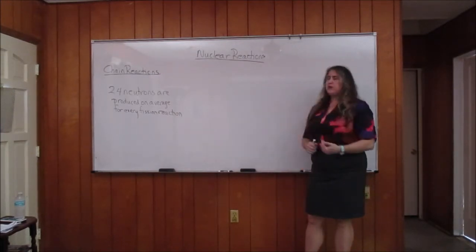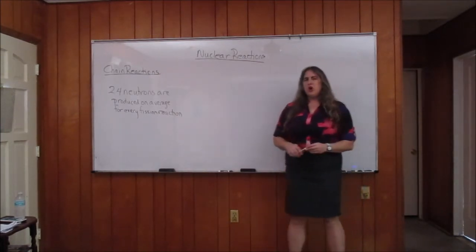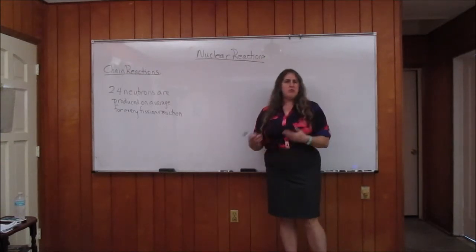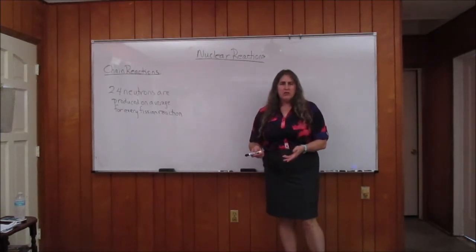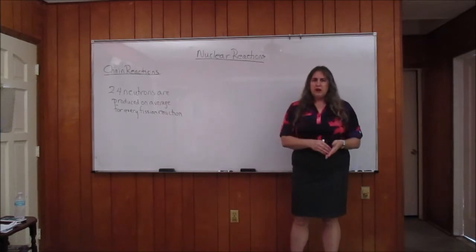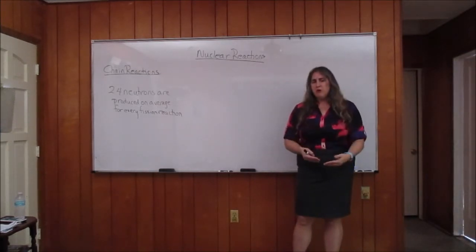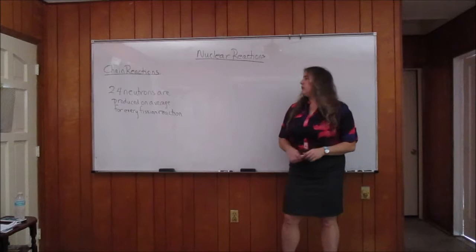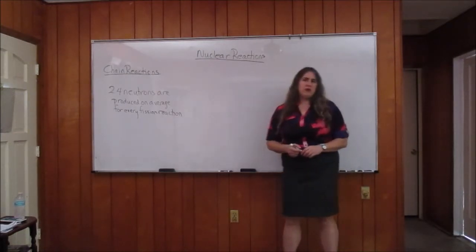So those neutrons that are emitted are now available to cause further fissions with other uranium-235 nuclei. And when those fission reactions take place, more neutrons are emitted, and the process continues. And that is what is meant by a chain reaction.